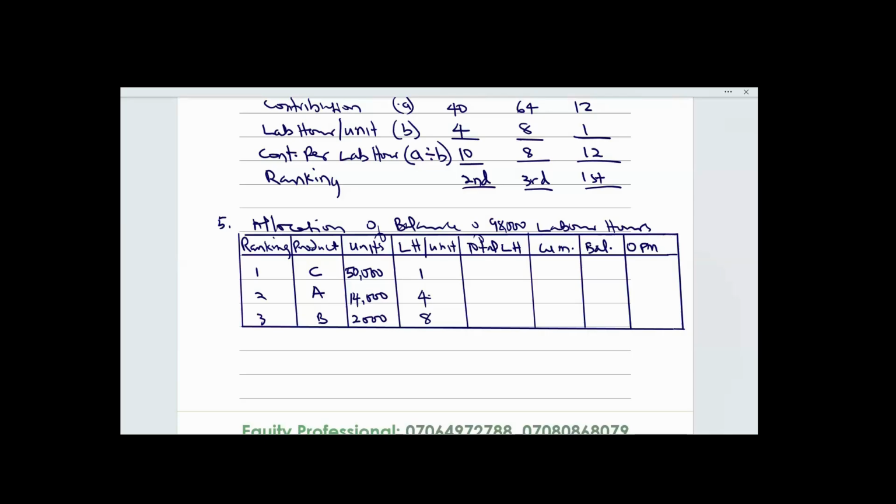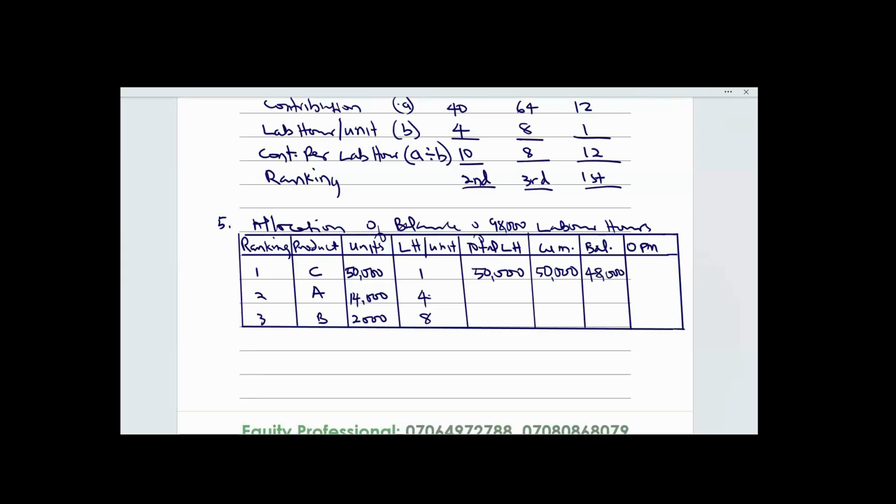Therefore, we are going to allocate additional 50,000 hours for Sigma. Cumulative will be 50,000 being the first one. 98,000 minus 50,000 will give us a balance of 48,000.